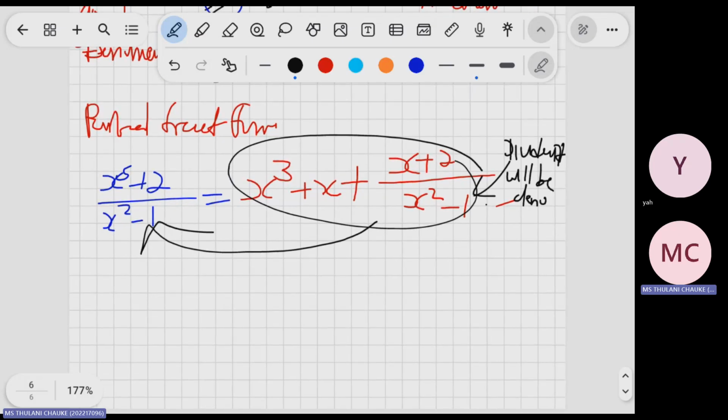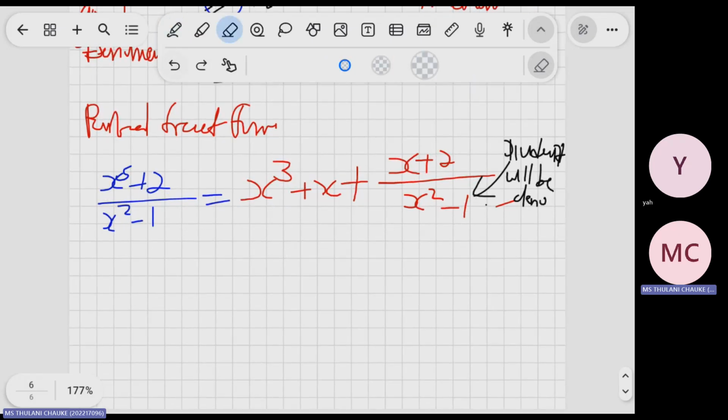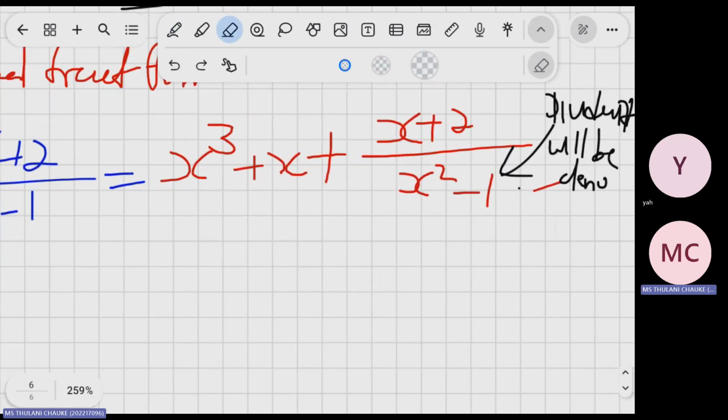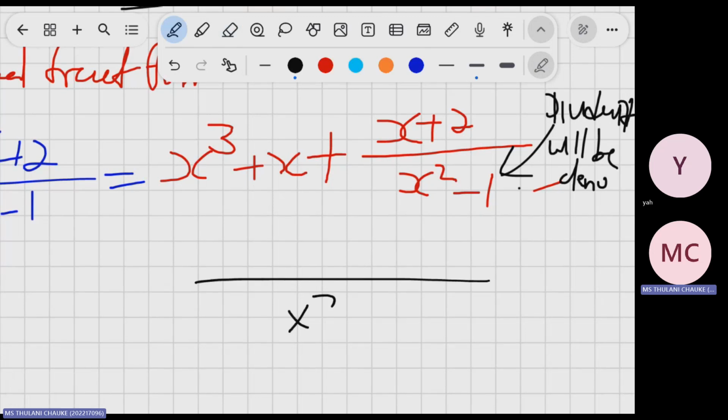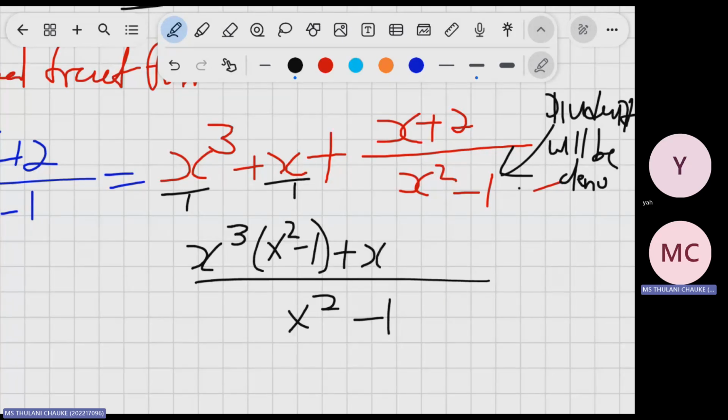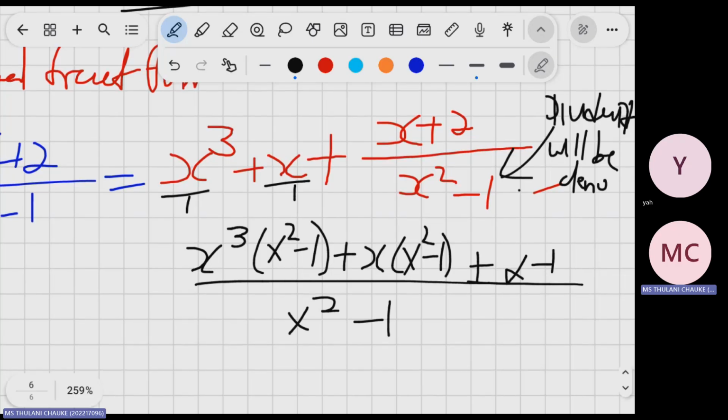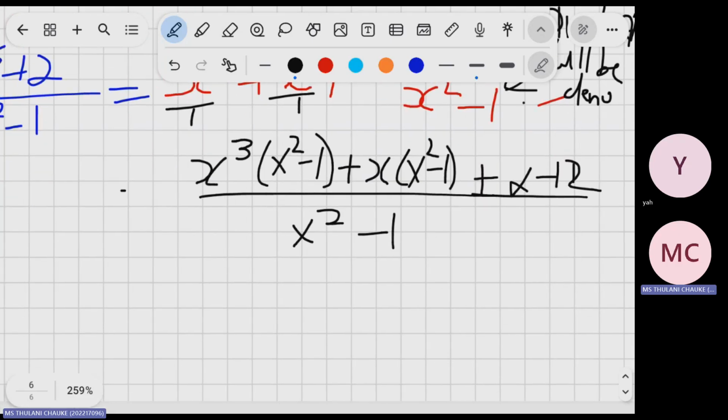You can prove it, né? For those are equal, you can prove it by just doing your simple maths. You write x minus 1 there. You know, this is over 1. This will be x cubed times x squared minus 1 plus x squared minus 1 plus x plus 2. You simplify this, and just simplify it quick.